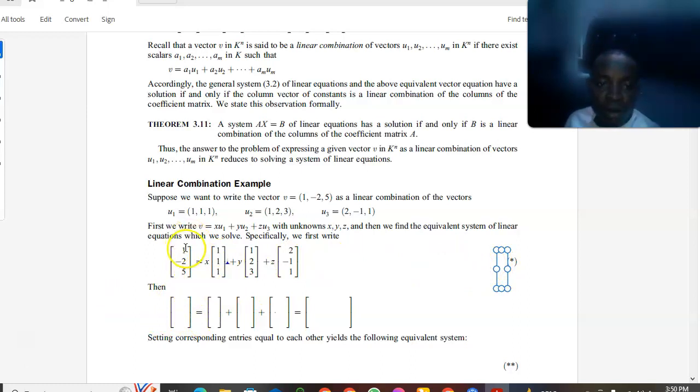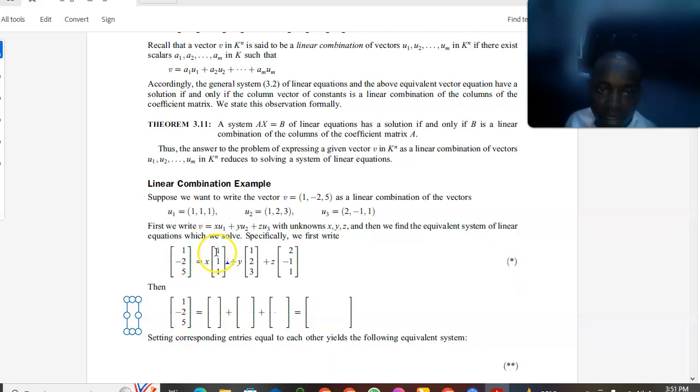From what we have here, we have (1, -2, 5) equal to this. So we can then open up the vectors. We can repeat this: we have (1, -2, 5).